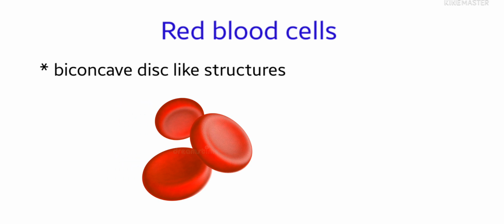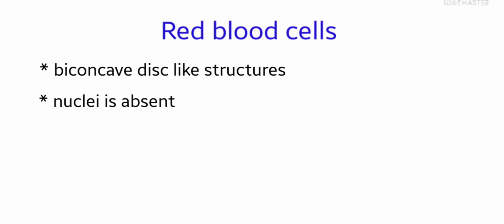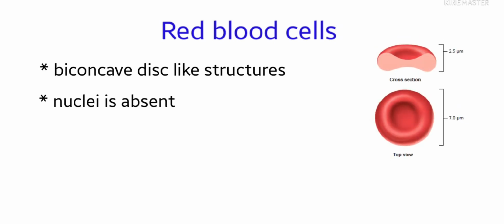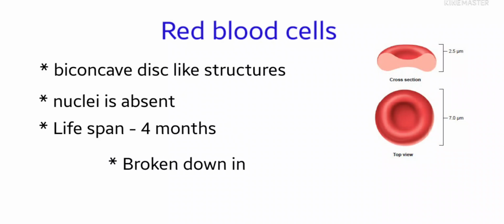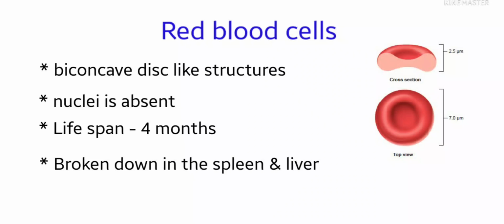Human red blood cells are tiny, biconcave disc-like structures. Even though these are cells, they don't have nuclei. This is one reason for their lifespan of 4 months or 120 days, after which they are broken down in the spleen and the liver.